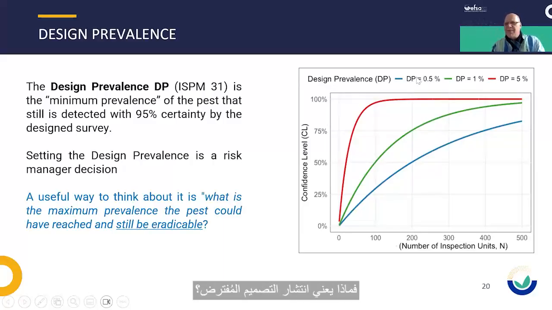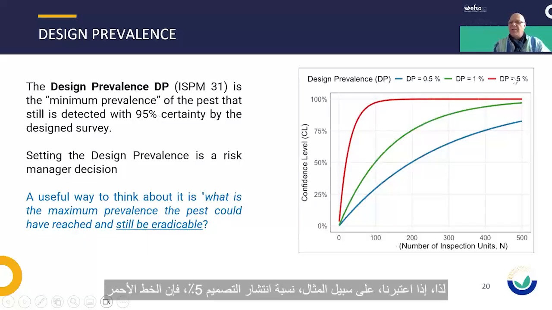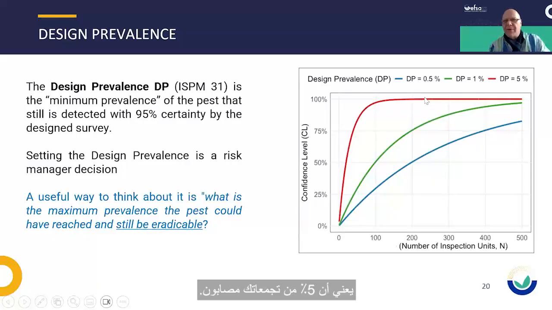So what does this design prevalence mean that we assume? It is the minimum prevalence of the pest in the survey area that is detected with 95% certainty. So if you take, for instance, 5% as design prevalence, the red line, that means 5% of your population is infested.